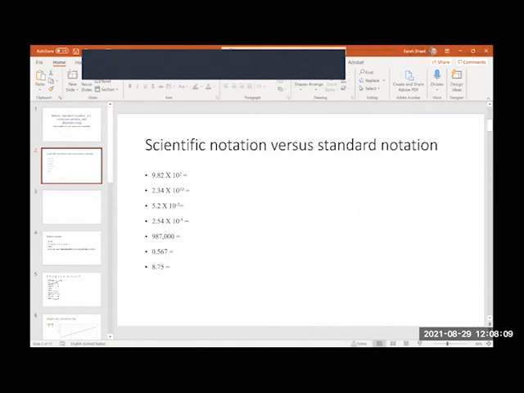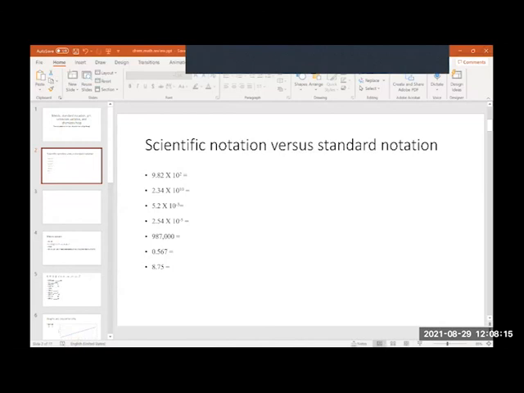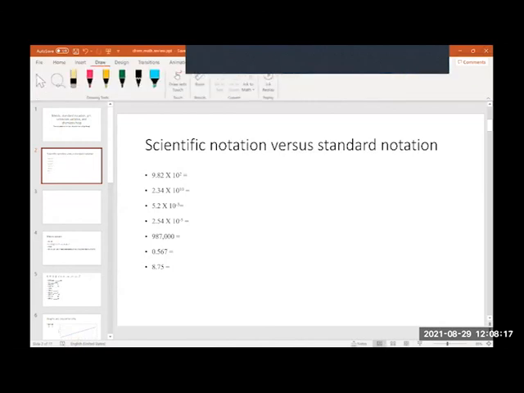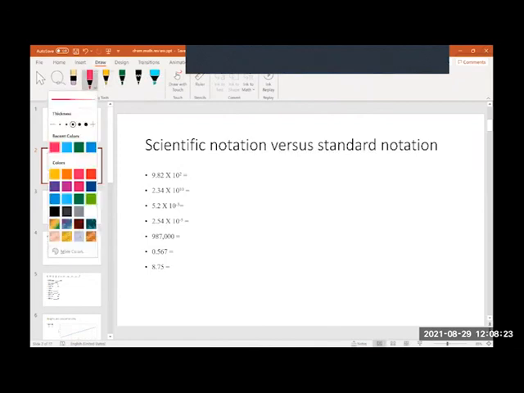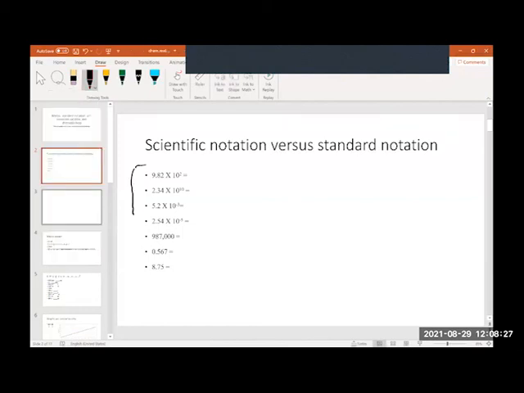Well, the first problems that you see here, let me get my little markers. The first problems that you see here, I'm going to select a different color. Bear with me. There we go. These first problems that you're seeing here, we need to change from scientific notation to standard notation.